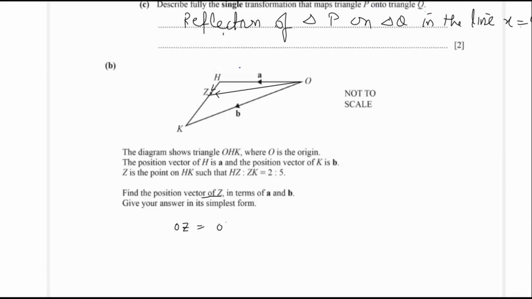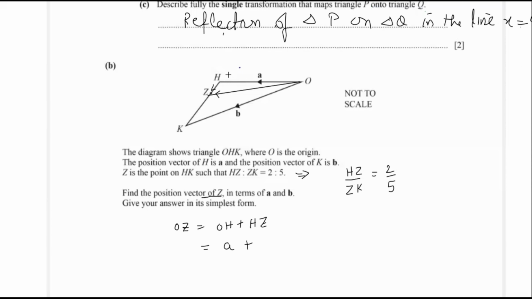We can write it as OH plus HZ. Now you see here OH is written as A, but HZ we can find this value in terms of A and B. Firstly, you see here the ratio HZ to ZK is equal to 2/5.